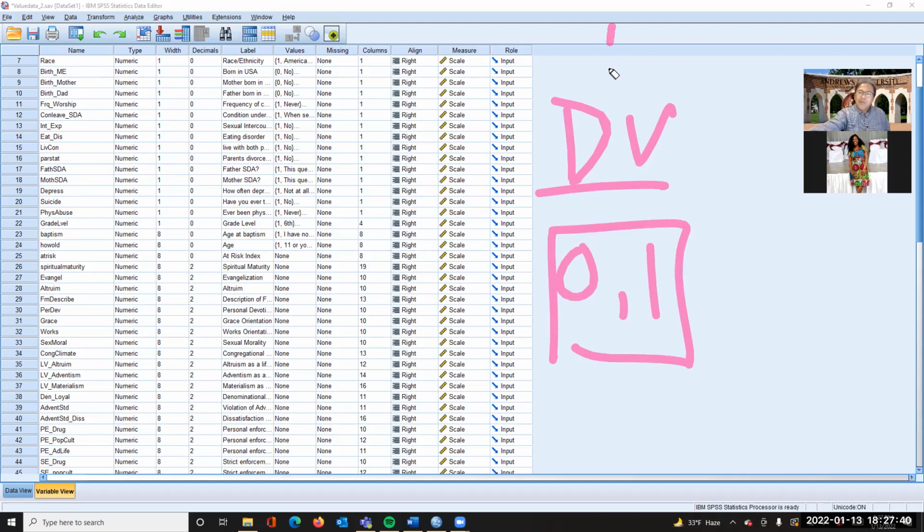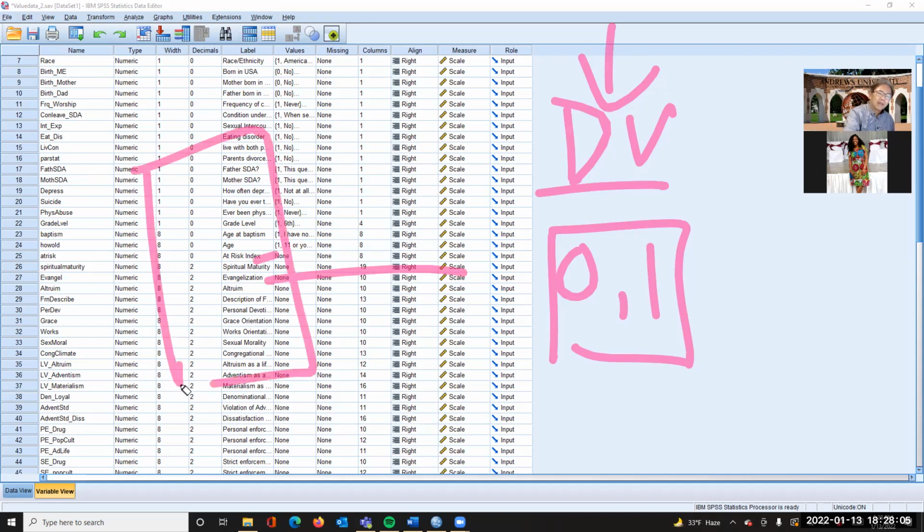So in binary logistic regressions, we will be looking at dependent variables that are dichotomous in value, binary in values. That means it has only two values, yes, no. And then we want to use predictors that are a combination of categorical and scaled independent variables.